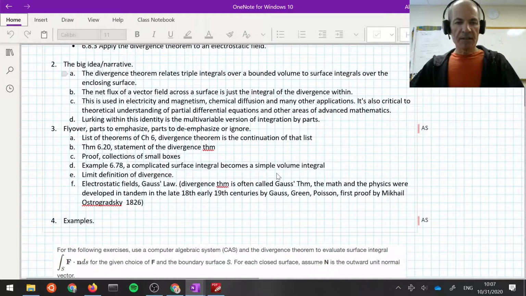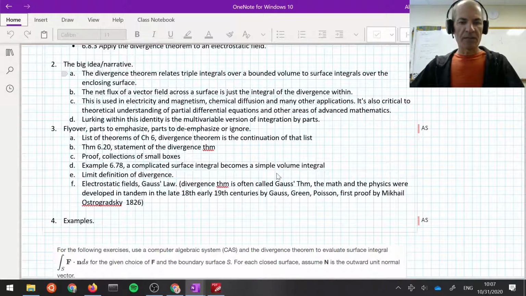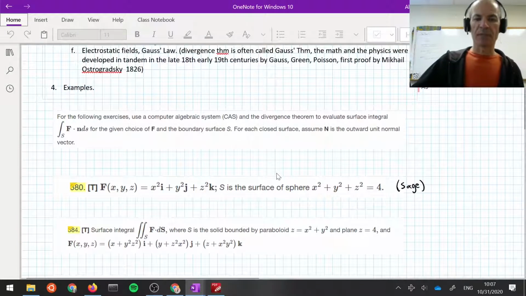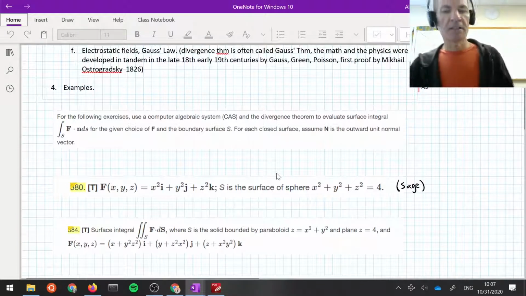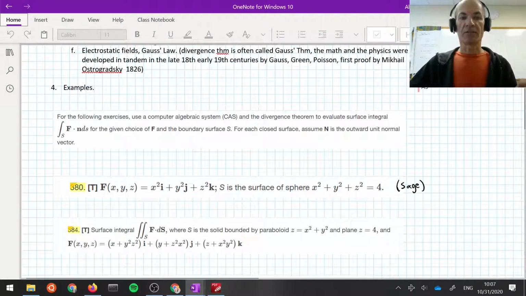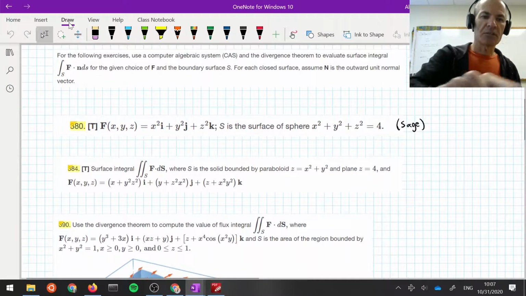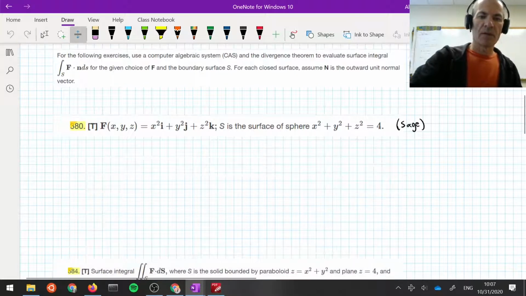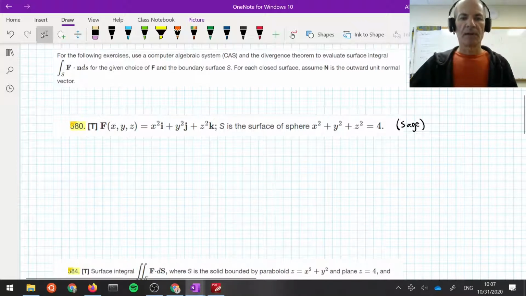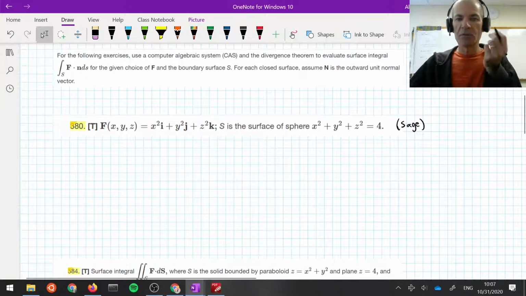Let's see, I think that's most of the flyover. Let's work through some examples here. Most of these examples are pretty straightforward thanks to the power of the divergence theorem. In exercise 380, we are asked to use a computer and the divergence theorem to evaluate the surface integral.